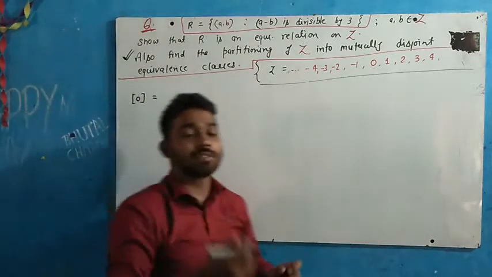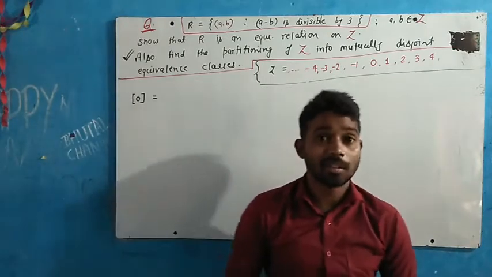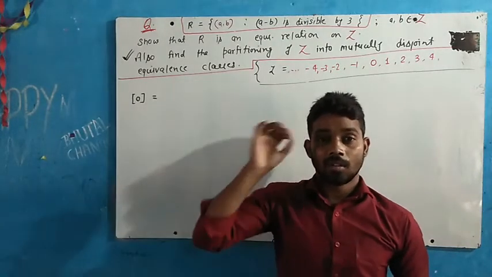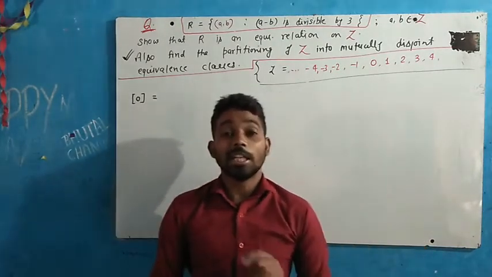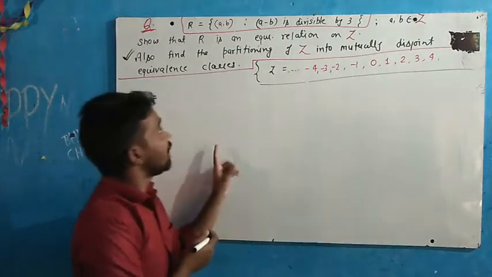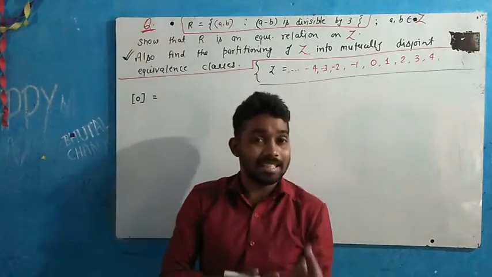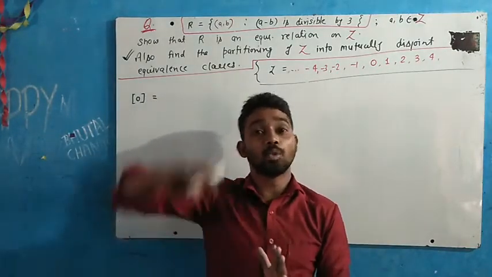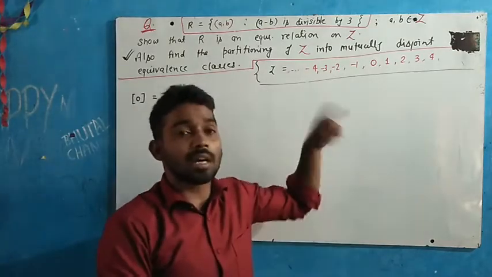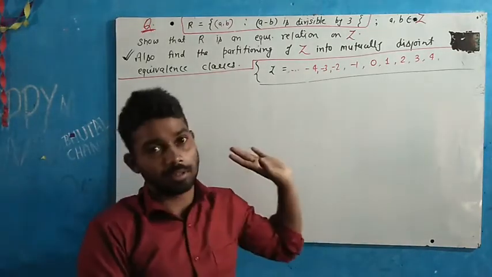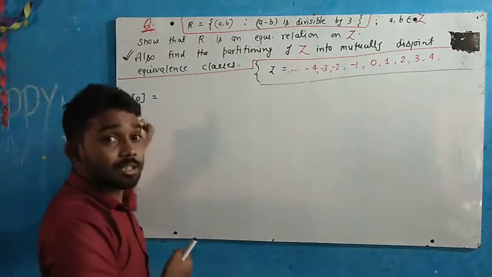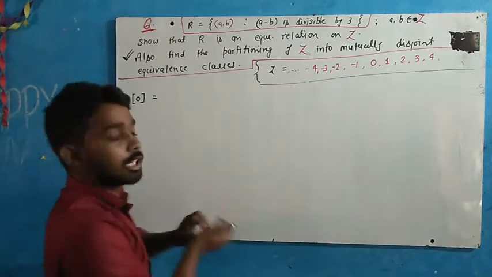Clear? What is the definition of the equivalence class of any element in relation R? I have told you already: the equivalence class of any element a is the set of those elements which are related to a. Clear? So here 0 is there. What is the equivalence class of 0?